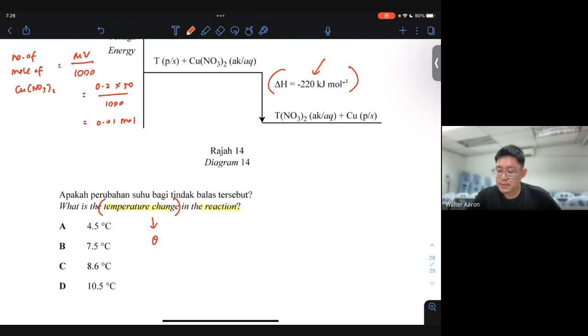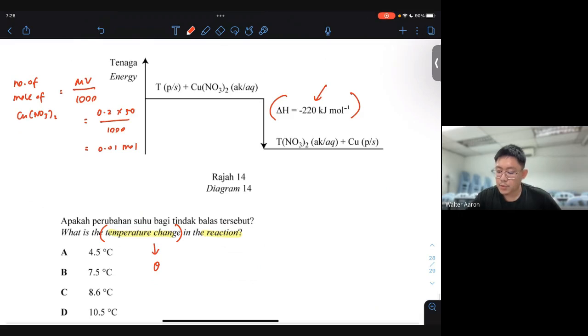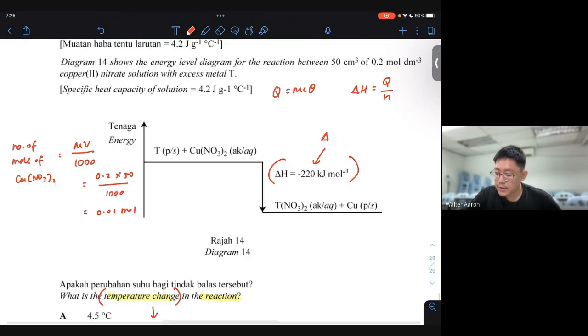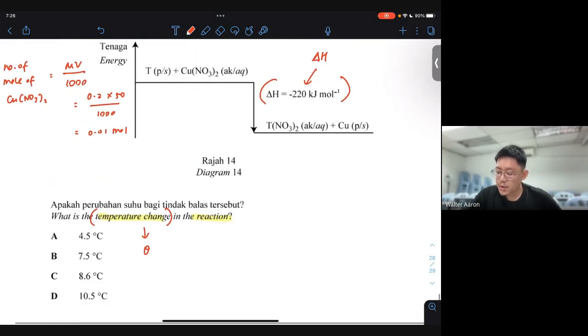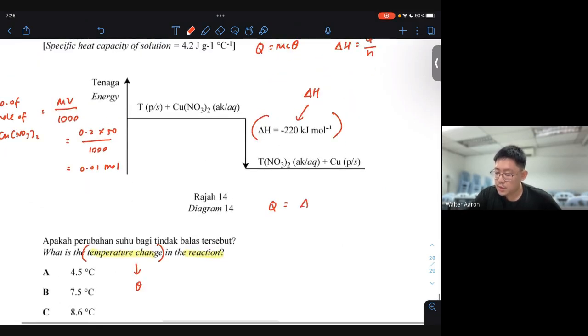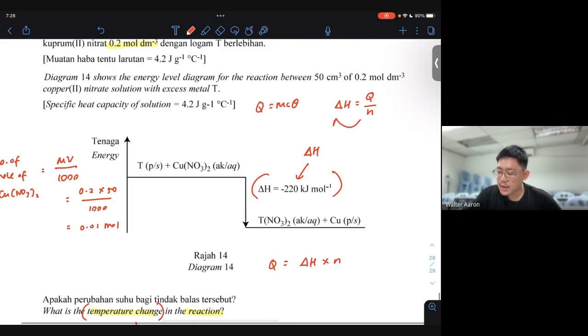So right now, if we see properly, we have the number of moles n already, and we also have ΔH over here. So we can get Q already. Q is equivalent to ΔH multiplied by n, you just move the n to the other side.